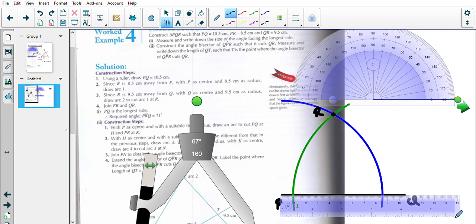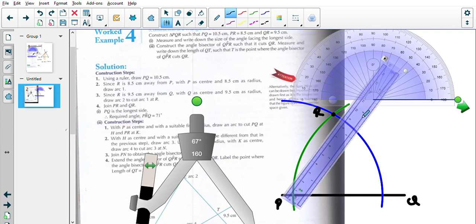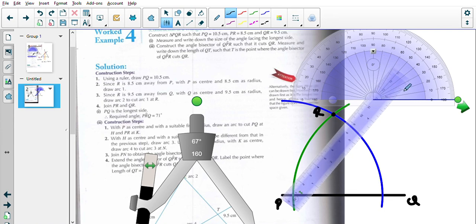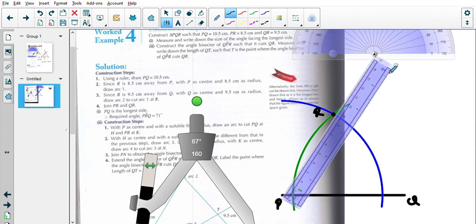But before that, we have to draw the line PR by rotating my ruler first. So I have to move this protractor first, and yes. Okay, now I have already done, and then I draw the line PR like this. And I do the same thing with QR.